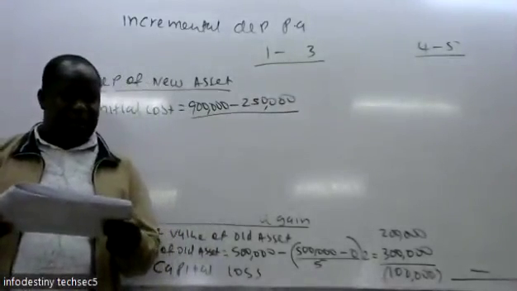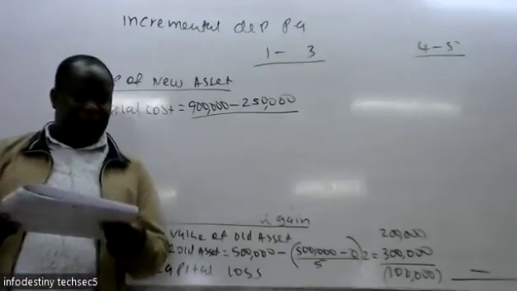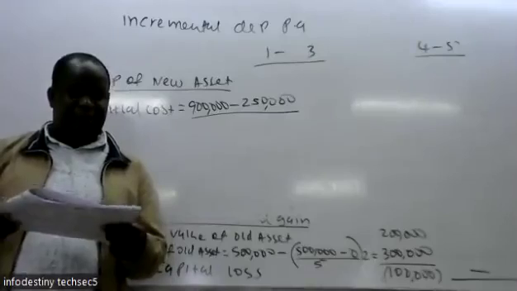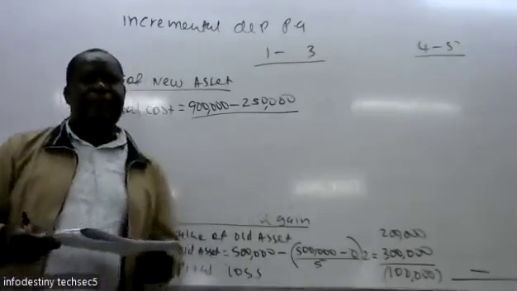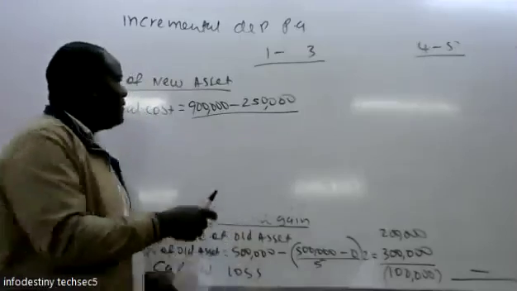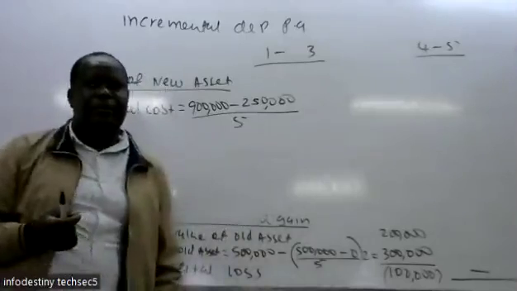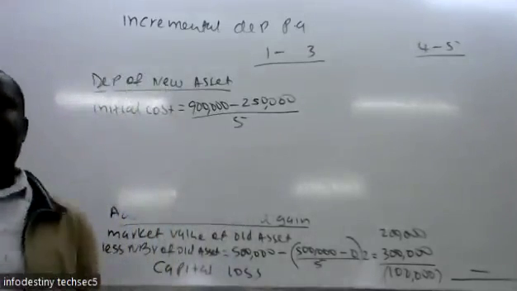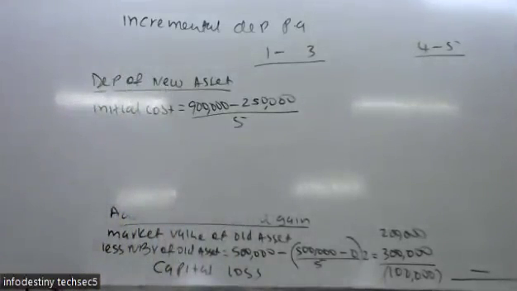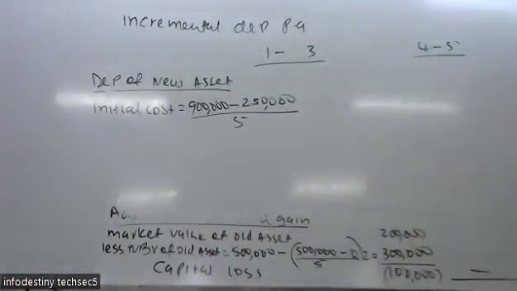So now you have 250,000. Then we divide by the 5 years so that we get the depreciation per annum.